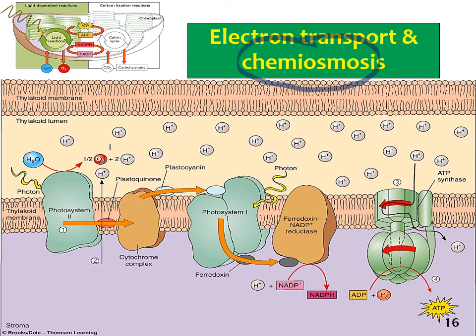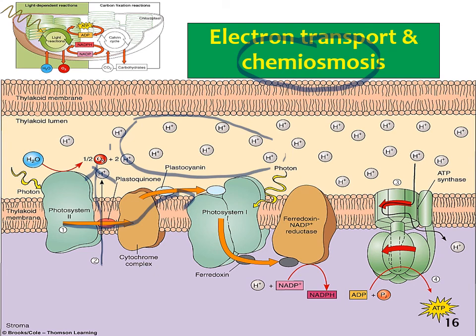For the chloroplast, when electrons pass along the electron transport chain, there is pumping of protons across a membrane. This will build the proton motive force in the form of a proton gradient across the membrane. We can see here that in the thylakoid lumen there are many protons; the concentration of protons increases in the thylakoid lumen.